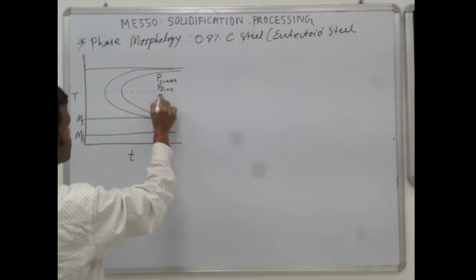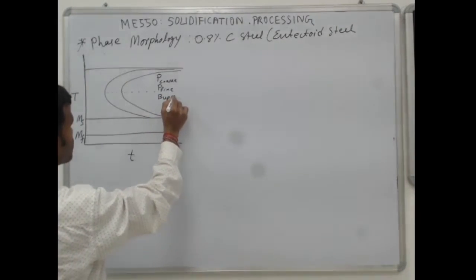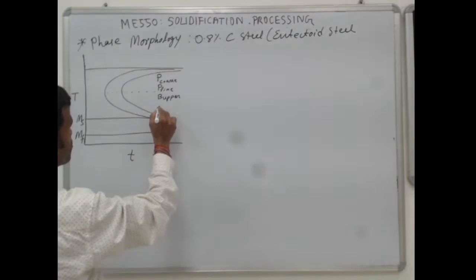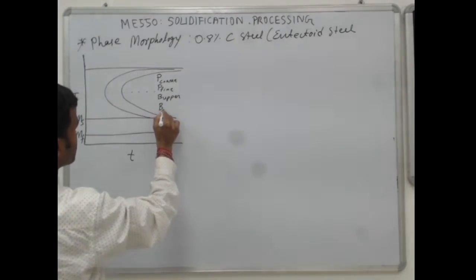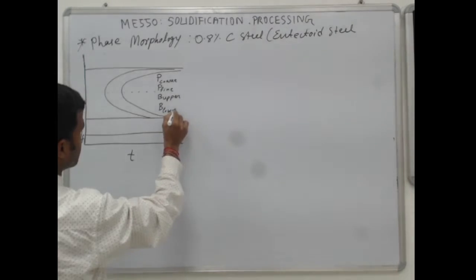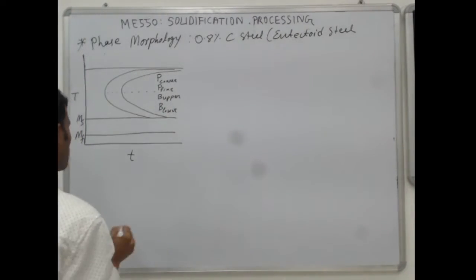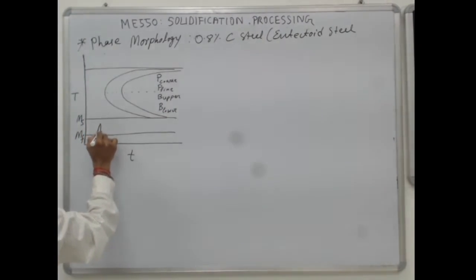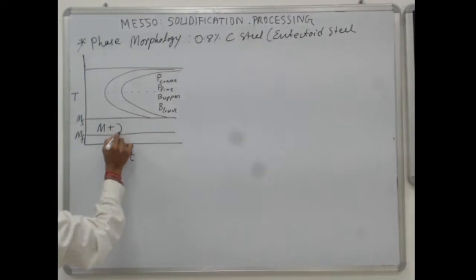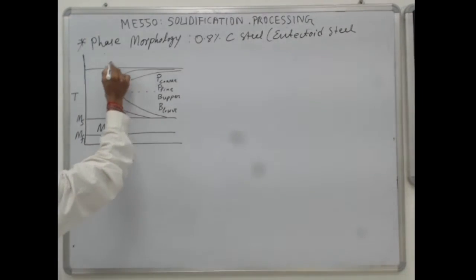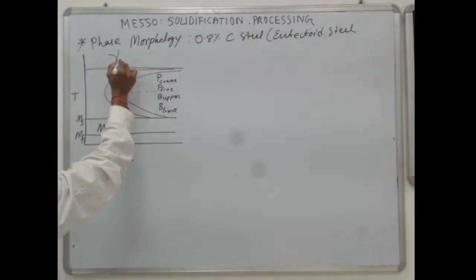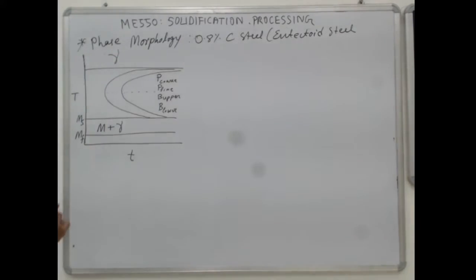Here you have bainite, commonly known as upper bainite, and lower bainite is close to this region. Here you have martensite plus gamma. Above this temperature everything is austenite, gamma is austenite.